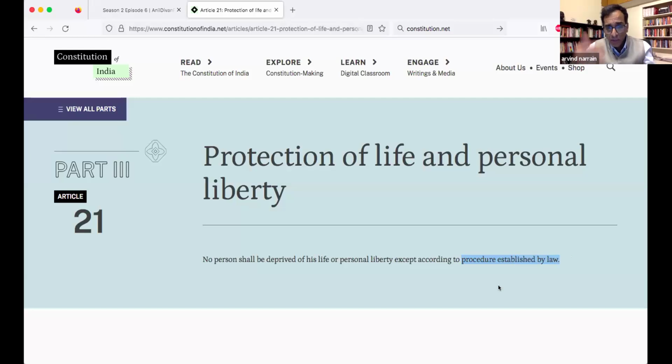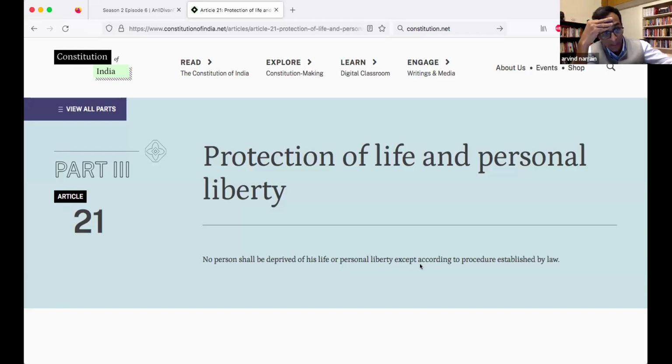Think of it in a commonsensical way: why are people so concerned by this? Precisely because it says no person shall be deprived of his life or personal liberty, which means that persons can be deprived of their life or personal liberty, except according to procedure established by law. If you have a procedure established by law, then you can deprive a person of life or personal liberty. That's what the article says on the face of it.